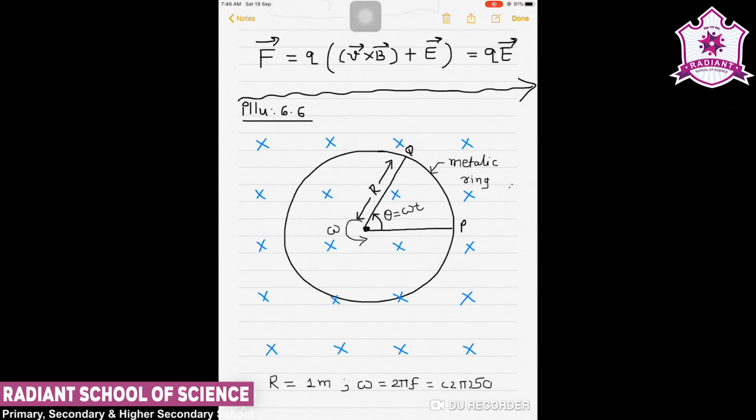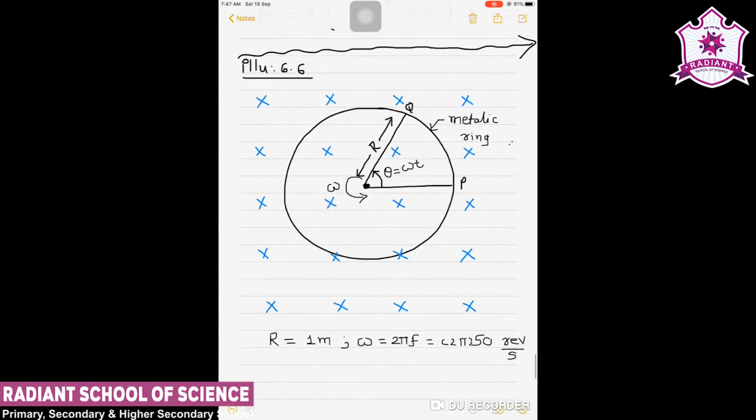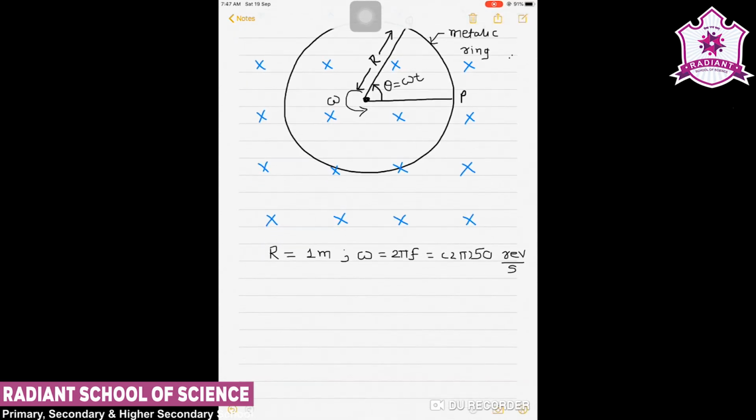Another thing that is given for the loop is that one end is at the center and the other end is at the circumference of a circular metallic ring of radius 1 meter, rotating about an axis passing through the center and perpendicular to the plane of the ring, as shown in the figure.